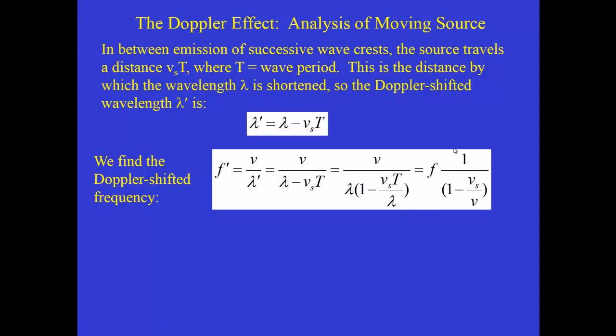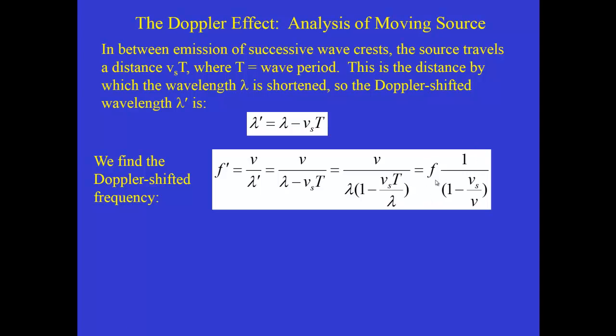And so in that term in the denominator, 1 over the frequency puts the frequency in the denominator multiplied by the wavelength. Frequency times wavelength is just the wave speed, the wave velocity. And what we see also is v over lambda is equal to the frequency f. And that frequency f is the frequency that would be measured if the source were not moving.